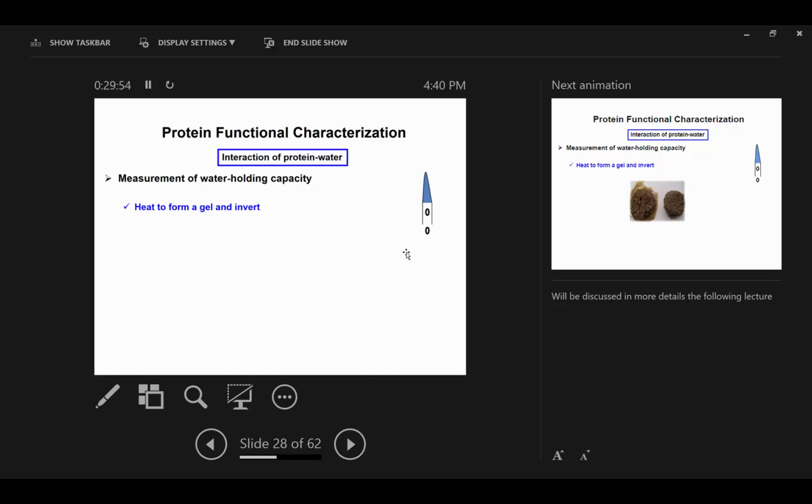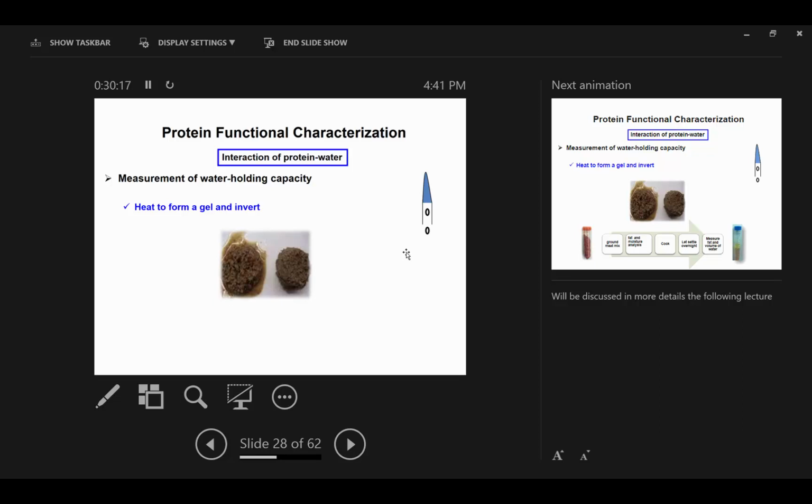Why is water holding capacity important? For example, here's an example of a real application. That's a beef burger, not necessarily a burger, a beef patty. And then this is another beef patty formulated while adding whey protein to it. So this is without whey protein and this is with whey protein.